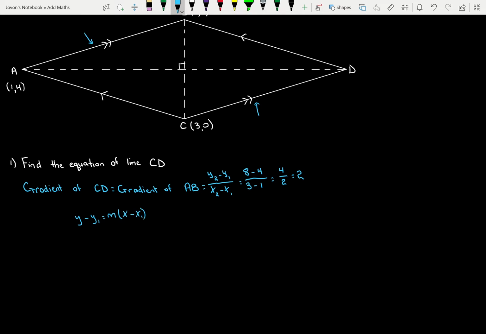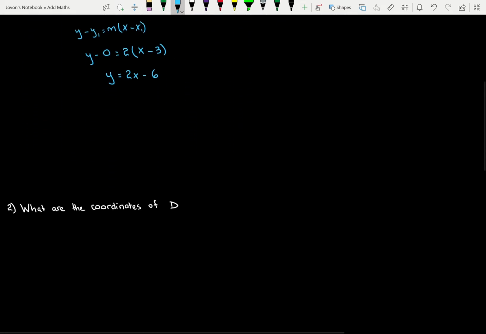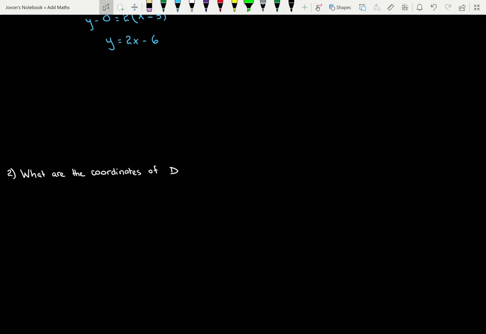So we have y minus 0 is equal to 2, which is the gradient, multiplied by x minus 3. Therefore we have y is equal to 2x minus 6, and this here is the equation of the line CD.